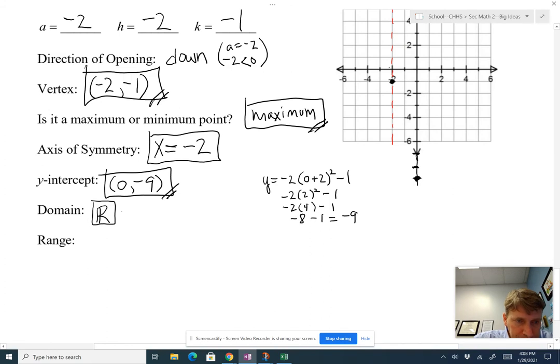And then again, we can write this as it goes from -infinity to +infinity. Our range, because it opens down, we would say y is less than or equal to the y value of the vertex, which is -1.